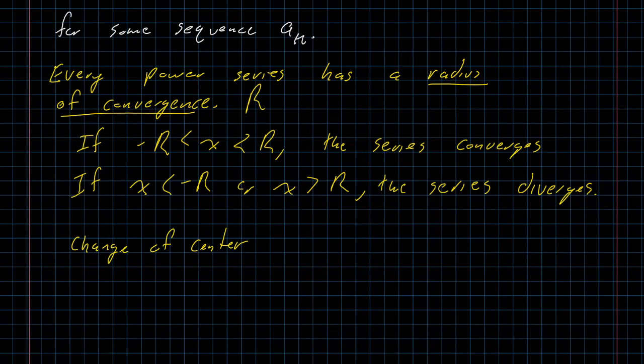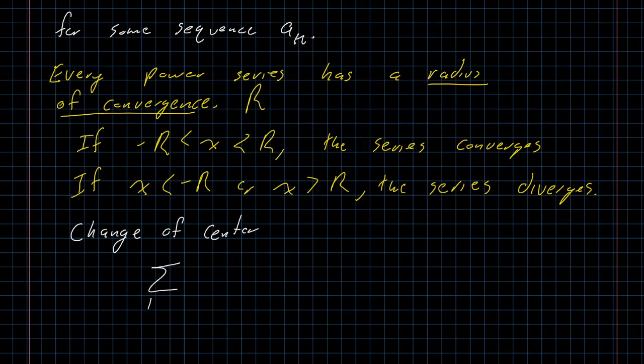So we can change the center. Instead of looking at x by itself, we can take the sum, k goes from 0 to infinity, of a_k times (x minus x naught) to the k power.